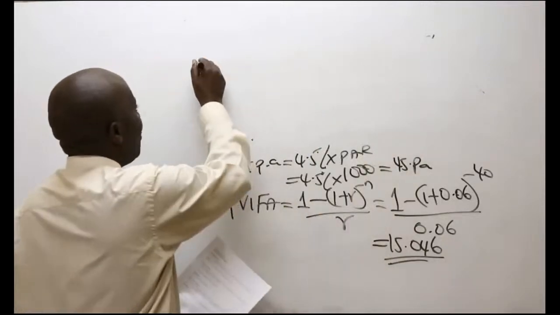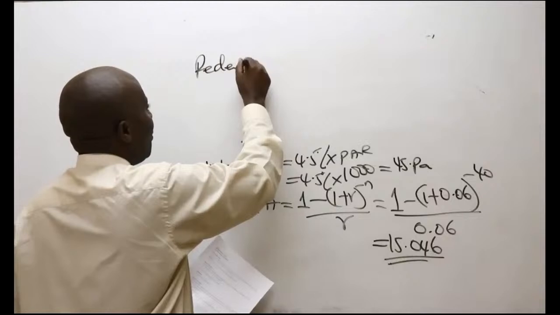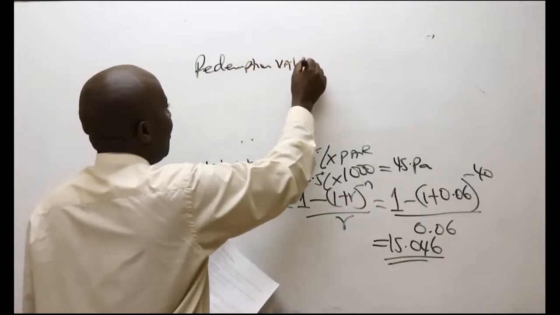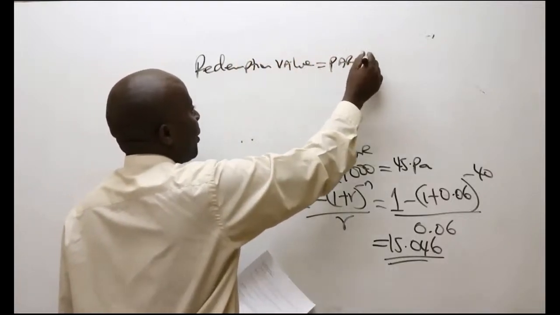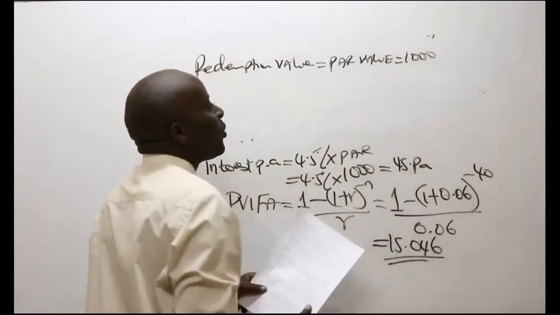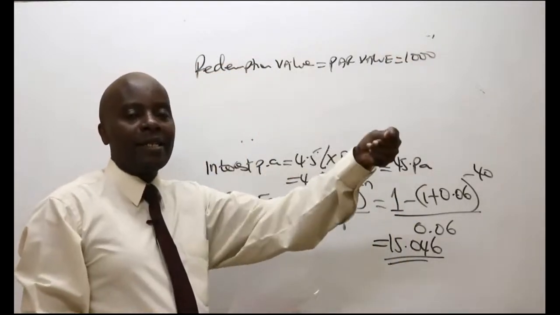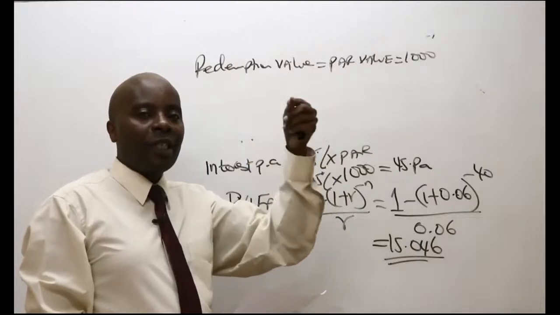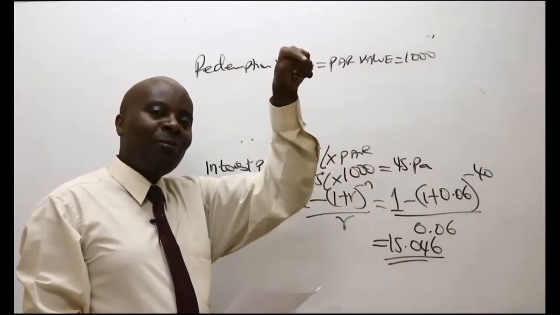The redemption value is the par value, which is 1,000. And remember, this will be received at the end of the 20th year, which is the 40th period.